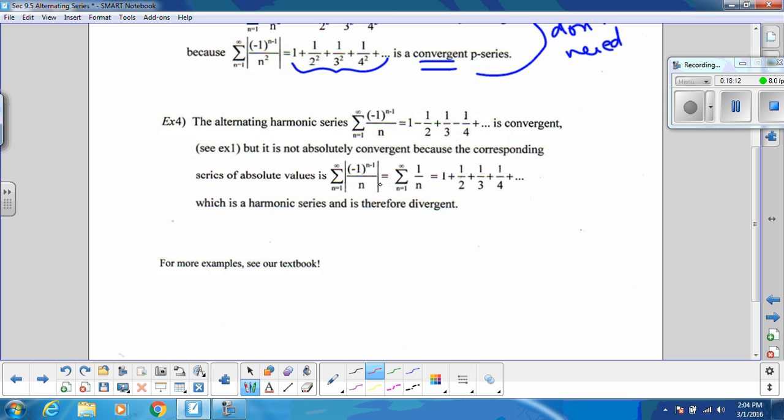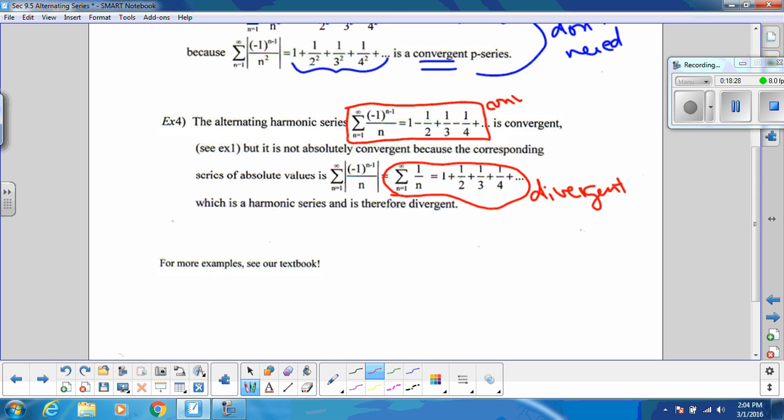So here's the absolute value part. That's divergent. However, if we do the alternating series test and know that the original is convergent, then we would classify this alternating harmonic series as conditionally convergent.